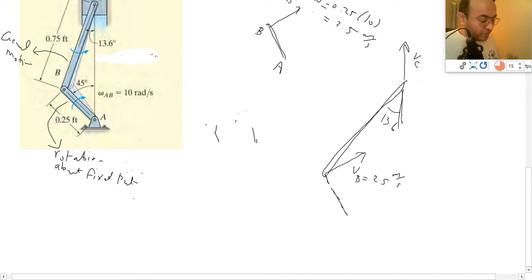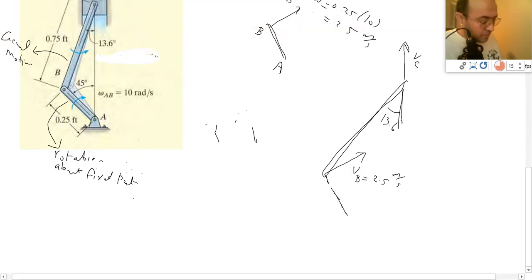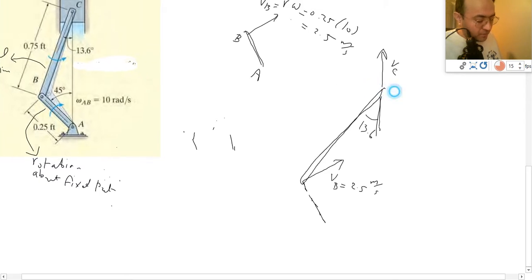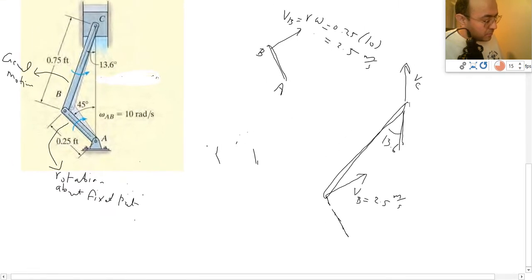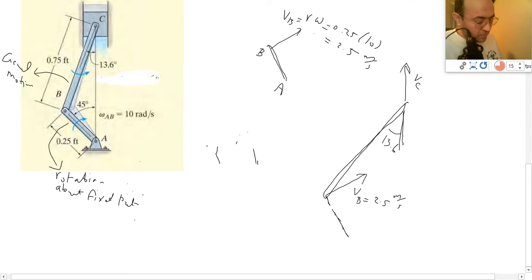So now I need to find the center for zero velocity. To find the center for zero velocity, I'm going to go from each of the points that we have. So we have VB and we have VC. I'm going to go perpendicular to VC, which is going to be like this.